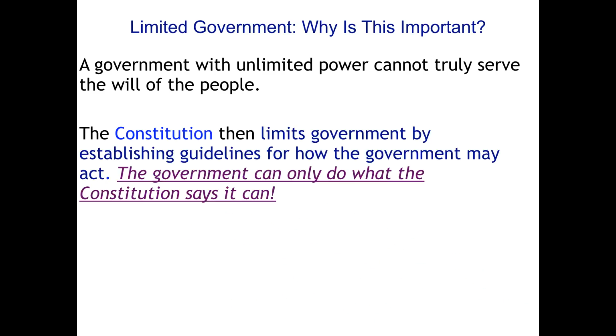So the Constitution limits government by establishing guidelines for how the government may act. And the government can only do what the Constitution says it can do. And this is why we have judicial review, because things that are in the Constitution are not always clear. And so judicial review certainly has helped.